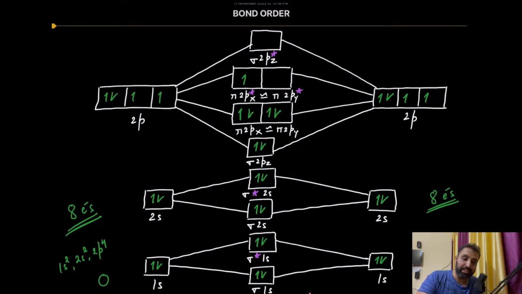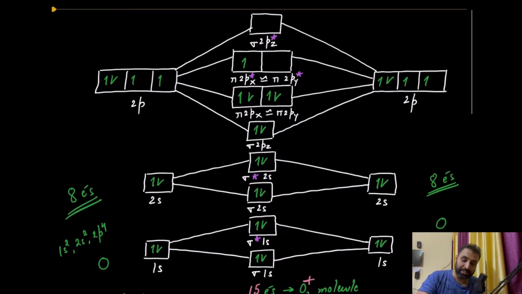I have deleted an electron from pi star 2py because pi star 2py was the molecular orbital filled last in the case of the O2 molecule. So we now have to count the number of bonding electrons in the O2 positive molecule.